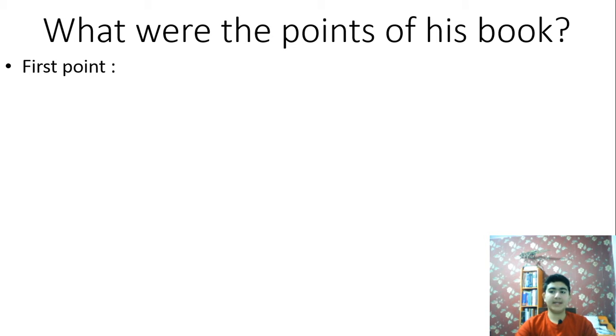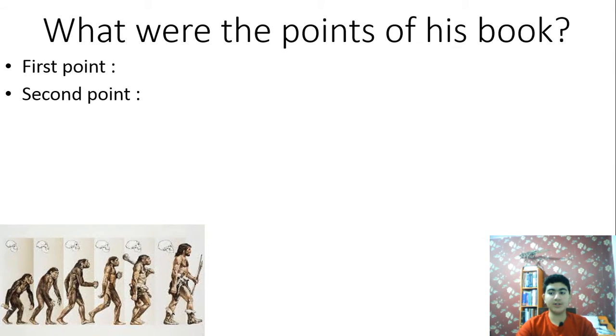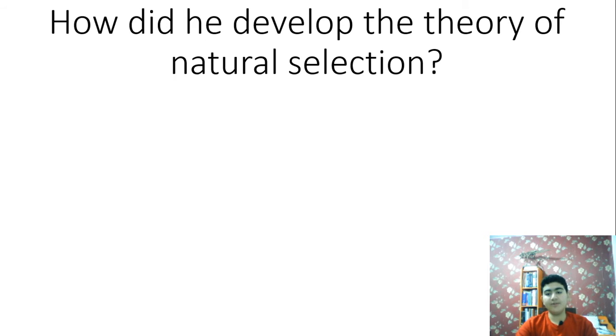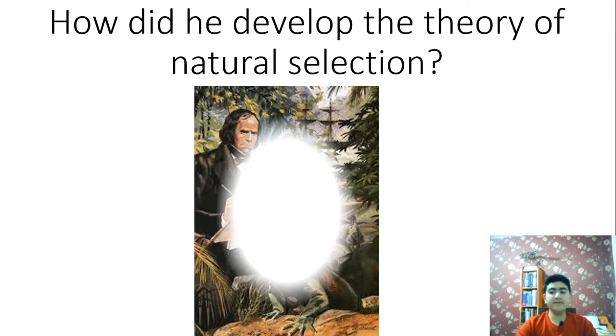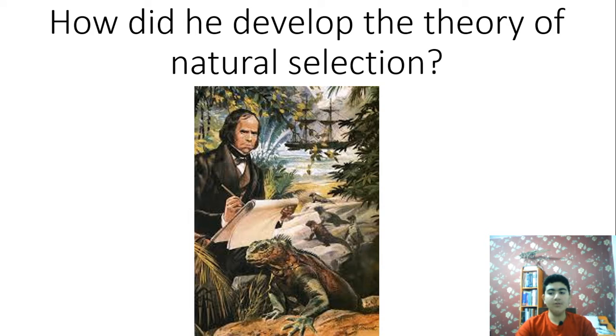Darwin's second point was his proposal that natural selection is a primary cause of descent with modification. Darwin developed this theory from observations that by themselves were neither new nor profound, meaning that many people had seen natural selection's products but hadn't paid attention.